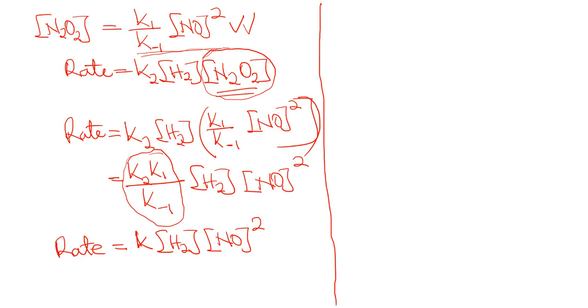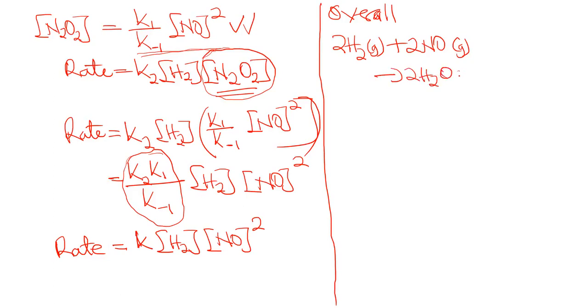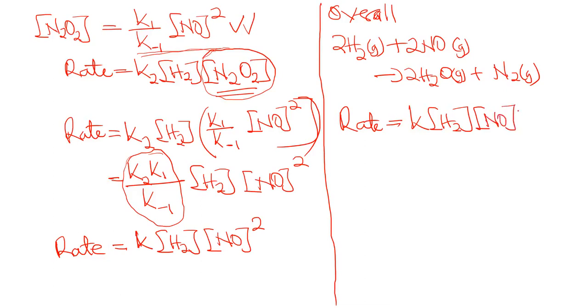So if I can go back to write the overall chemical reaction, our overall chemical reaction is 2H2 gas plus 2NO to give us 2H2O gas plus N2 gas. Our rate is K H2 NO squared.